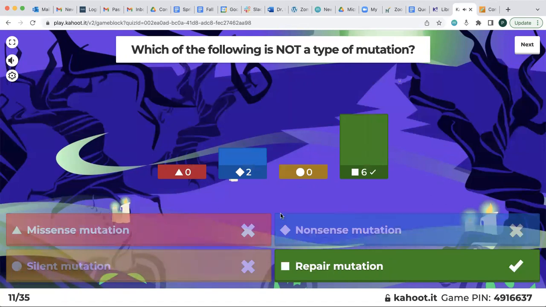Missense, silent, and nonsense mutations are all types of mutations. Nonsense mutation doesn't sound like it should be one because it's just a funny name for something that's actually a thing in science. But yes, a nonsense mutation is real. A nonsense mutation is a change that results in a stop codon, but repair mutations are not a thing.